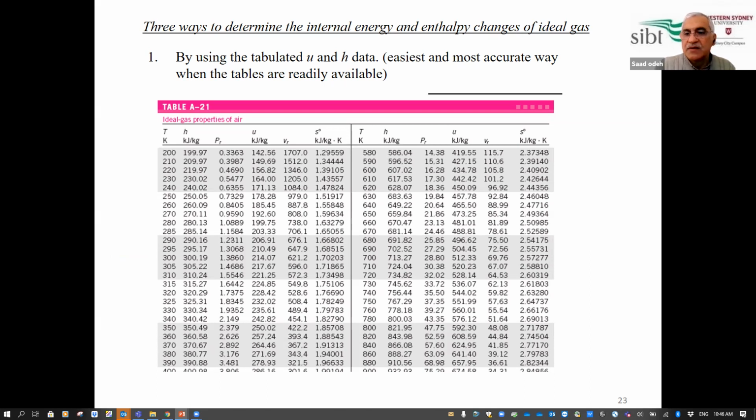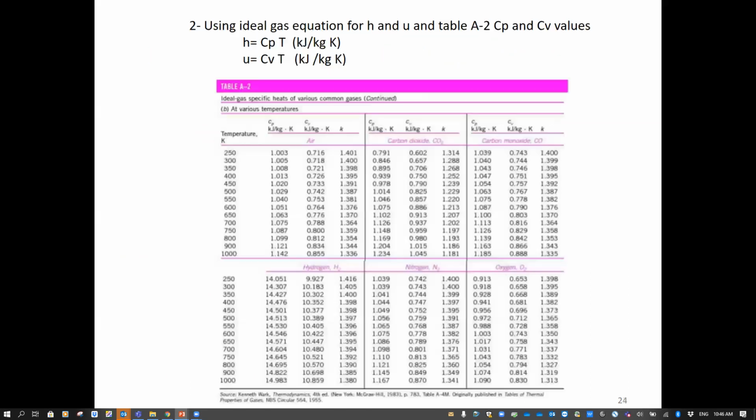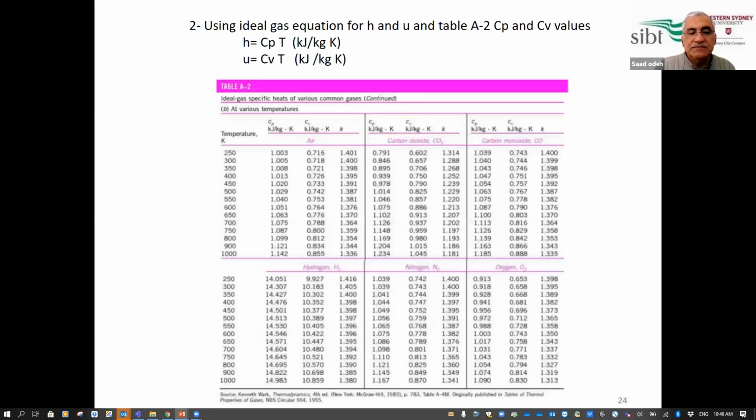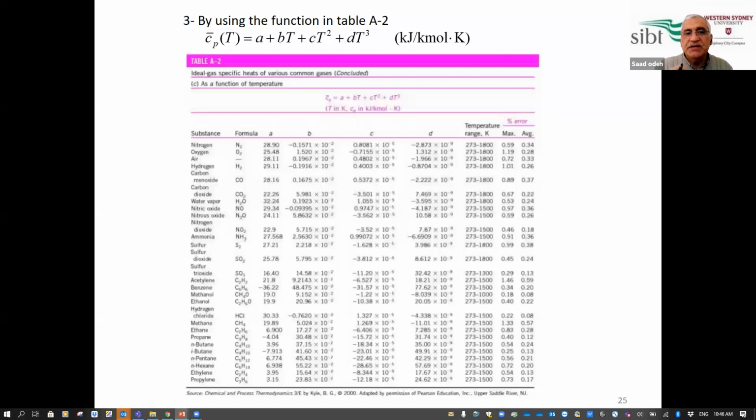No, sir. Okay, so this is the second one. We said the first one is from tables directly, where we can find H and U, or you can get them from the equation in terms of Cp and Cv. Or the last one here, sorry, it's quite complicated actually. This follows a formula or a function given in this table.